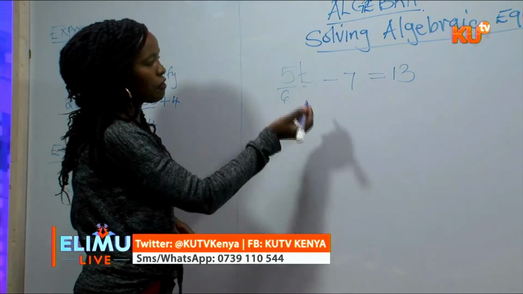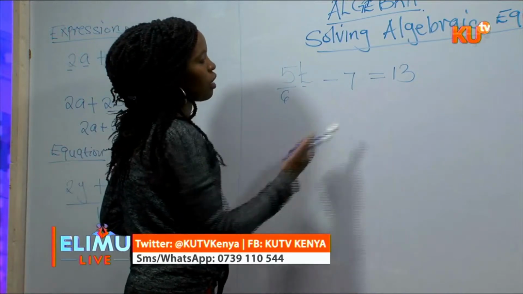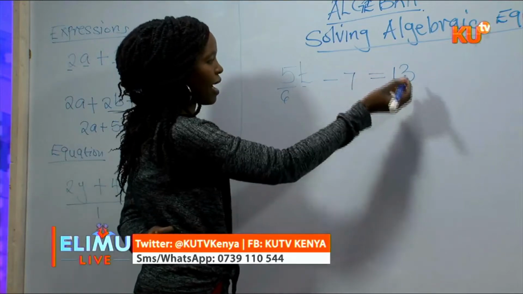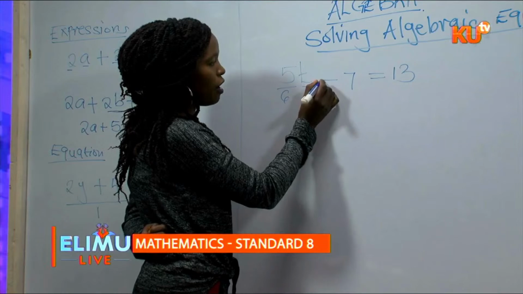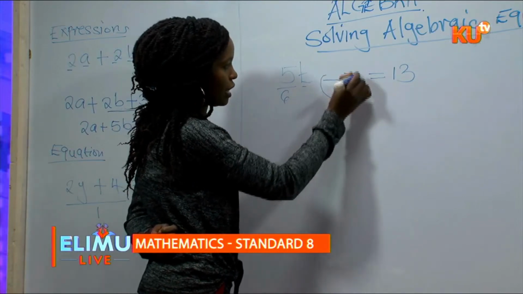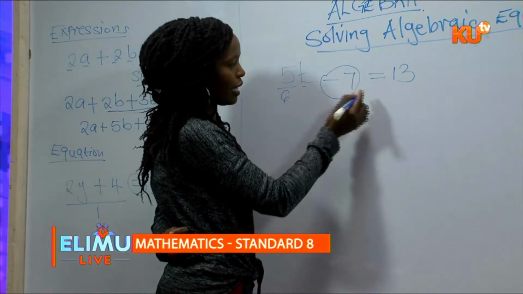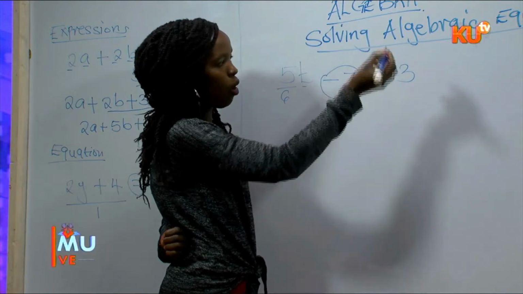First of all, this is a fraction, this is a whole number, and this is a whole number. So we take this whole number to the other side. In algebra, the number carries the sign in front of it, so it goes with the sign. And when a sign crosses the equal sign, it changes to the opposite.